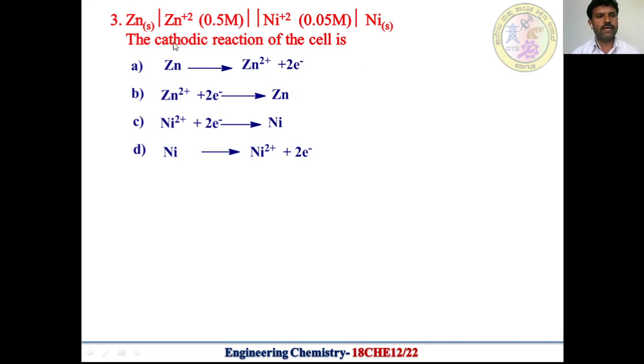The cathodic reaction is a reduction reaction. Here the cathode is always written on the right side of the anode, so the correct reaction is Ni2+ plus 2 electrons gives Ni. Correct answer is option C.